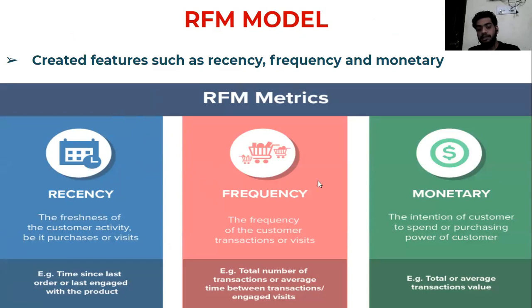Next is the frequency of customer transactions or visits, for example total number of transactions or average time between transactions and engaged visits. Next is the monetary, the intention of the customer to spend or purchasing power of the customer, for example total or average transaction value.